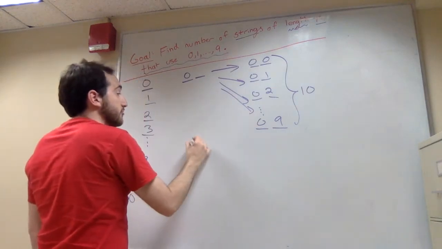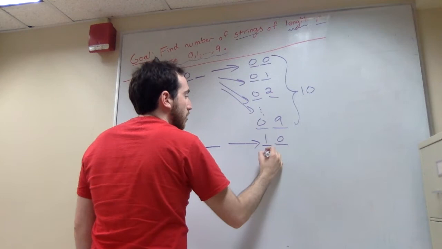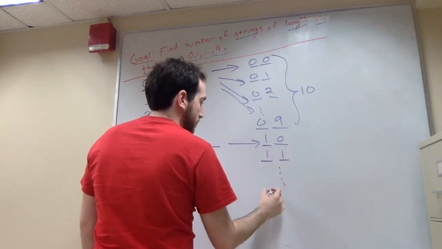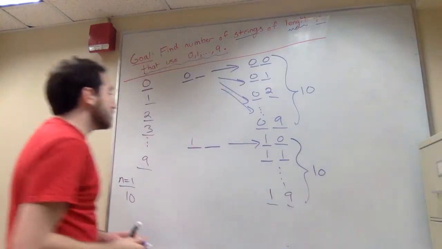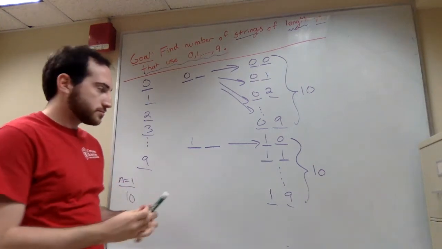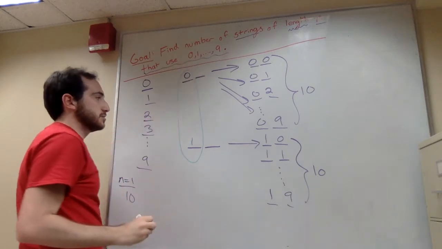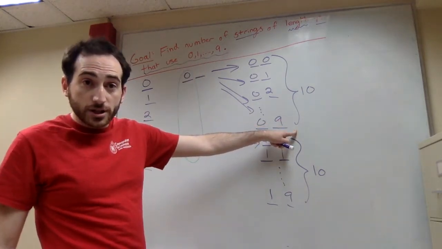And then, if the first digit is 1, the second digit could be 0, or 1, all the way up to 9. So again, there are 10 of these. So for each possible value of the first digit, there are 10 options for the second digit.